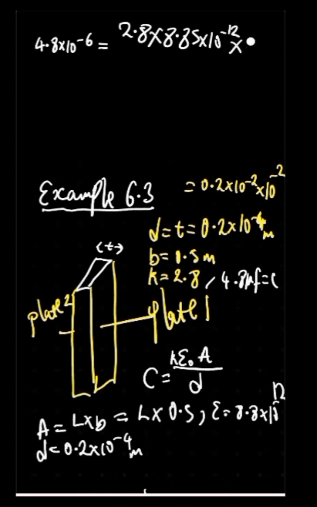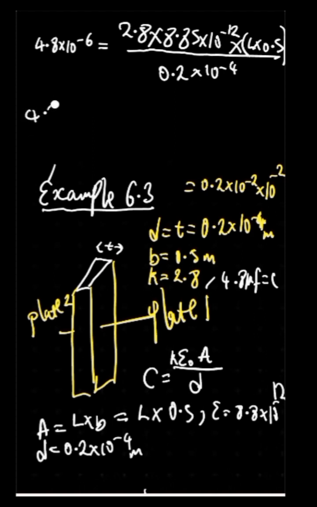Area here is length times 0.5. How do we get that? Look at it. All over distance, that's 0.2 times 10 raised to power minus 4. So everything here is just mathematics, right? We make a subject of the formula. To do that, take this one to this side. That will be multiplication, right? So 4.8 times 10 raised to power minus 6 times 0.2 times 10 raised to power minus 4. Sorry.